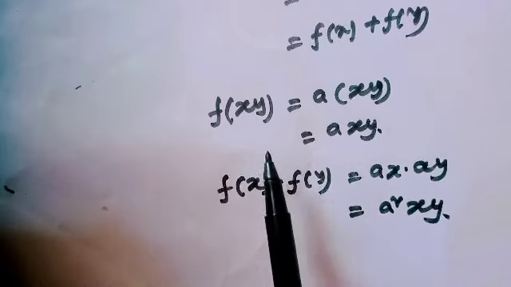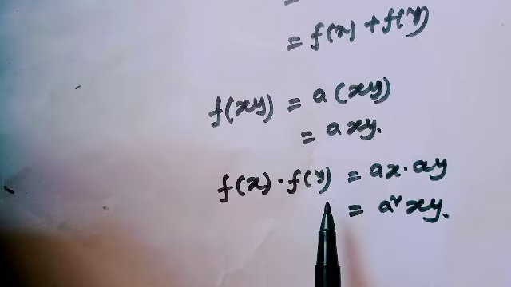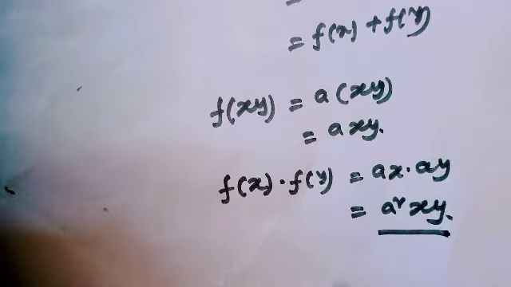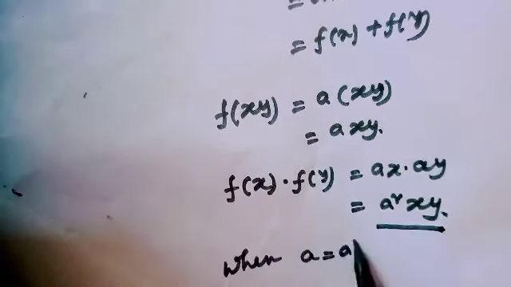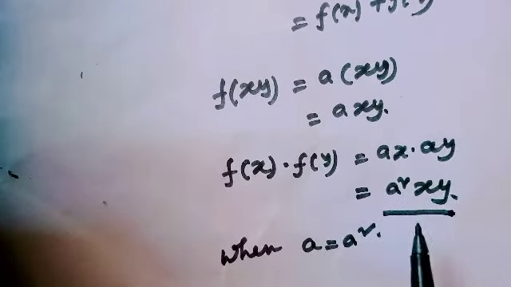For ring homomorphism, we have to prove f of xy equals f of x times f of y. And here axy and here a squared xy. When a equals a squared, then this is possible.